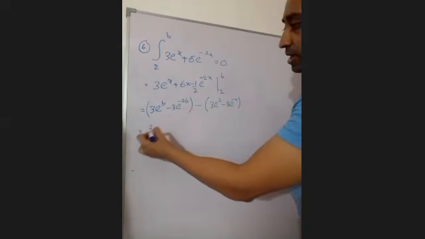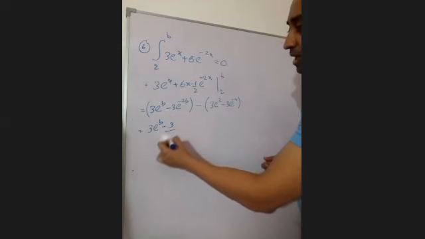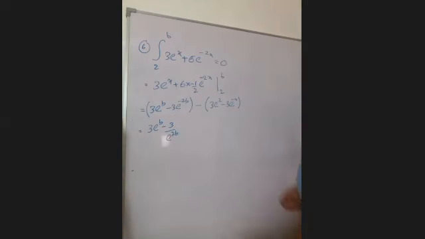So you can write 3e to the power b minus 3 over e to the power 2b, minus 3e to the power 2 plus 3 over e to the power 4. This is equal to 0.